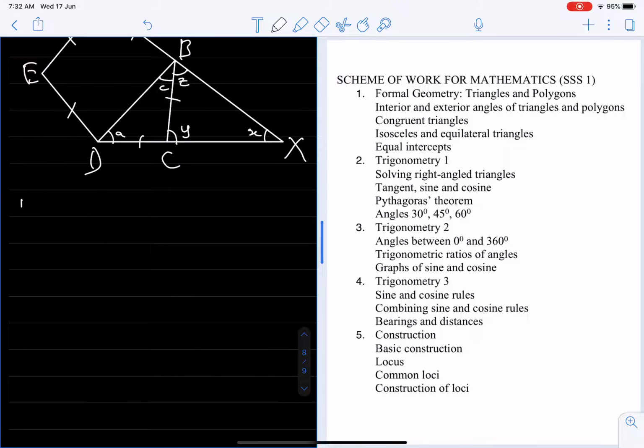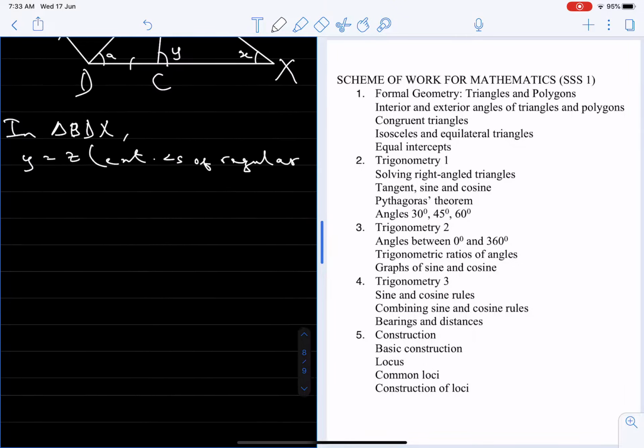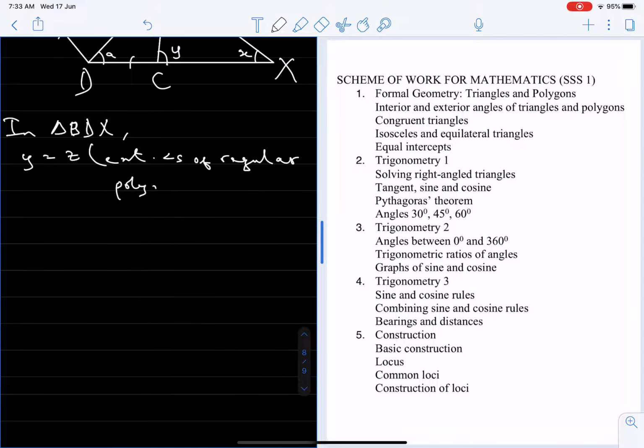Now we start this way. In triangle BDX, angle Y is the same as angle Z, because they are both exterior angles of the regular polygon ABCDE.